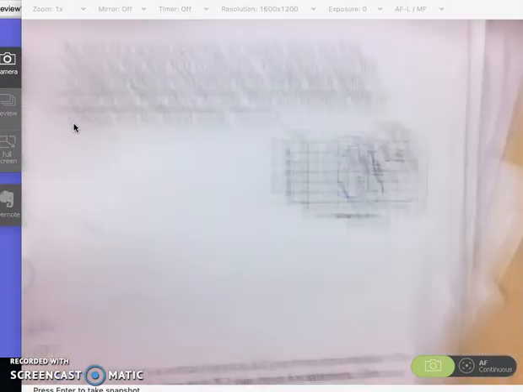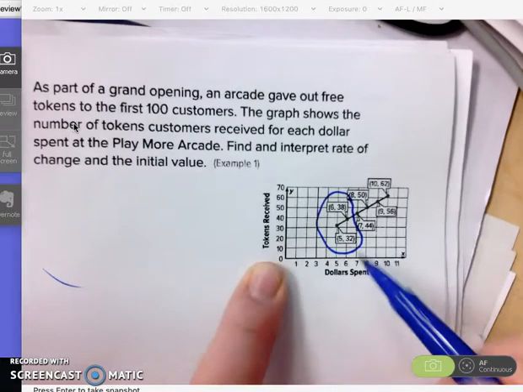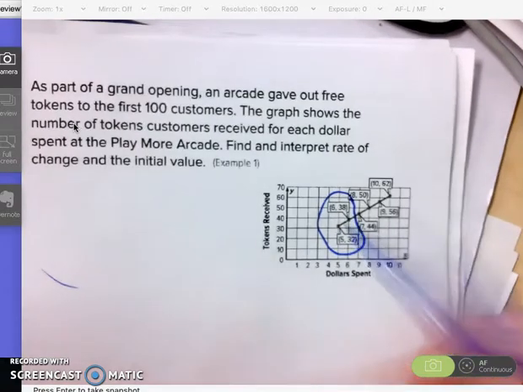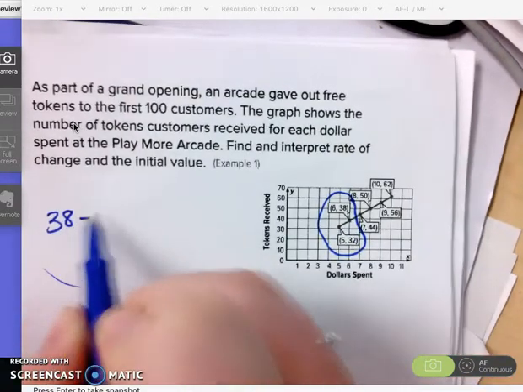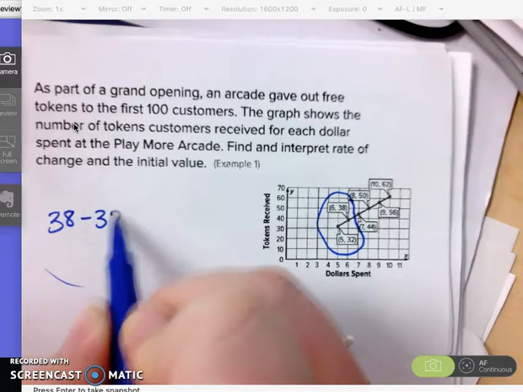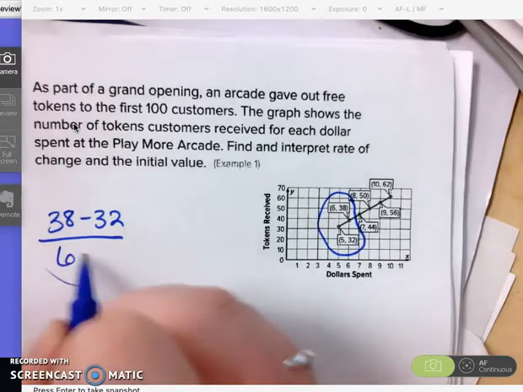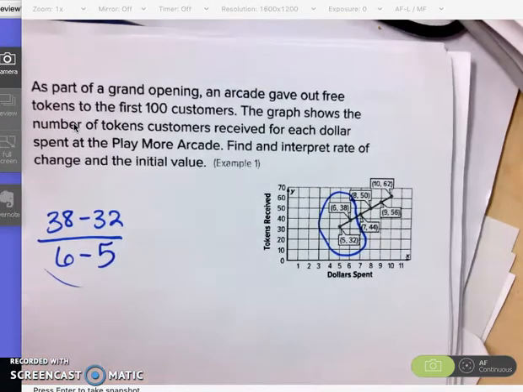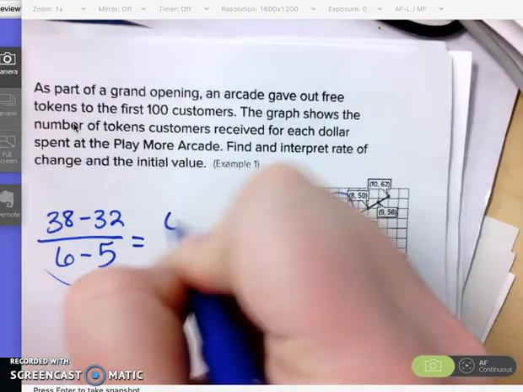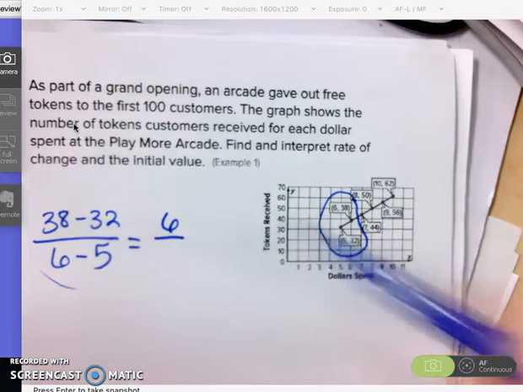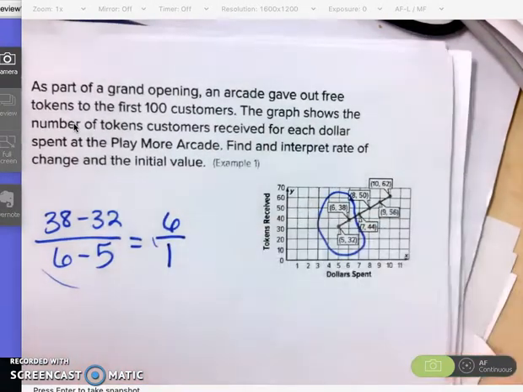So my change in the y are the tokens from 32 to 38. So I'm going to subtract 38 minus 32, and then my x is 6 minus 5. This gets me 6, so 6 tokens for every $1 spent.